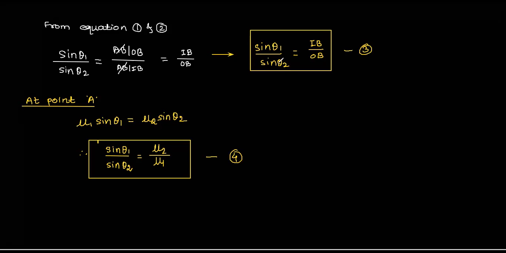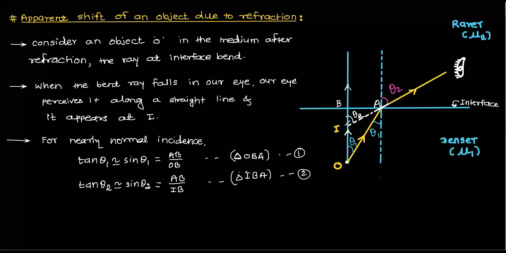So now this IB is what and this OB is what? In the diagram, I to B means apparent depth. IB is apparent depth and BO is real depth. Yes or not? OB is real depth, meaning where the object is, right?